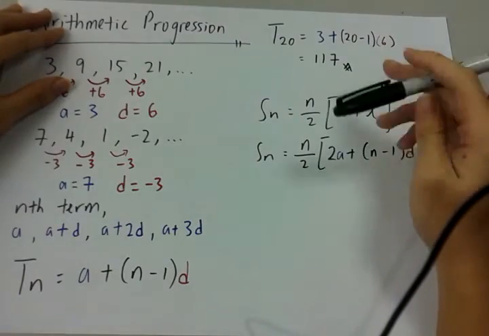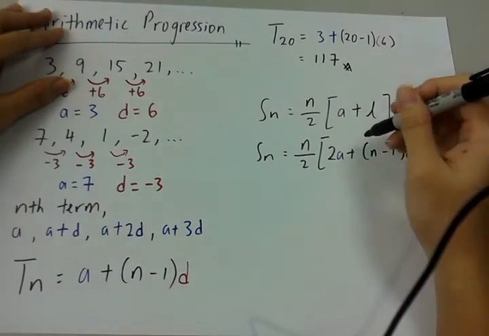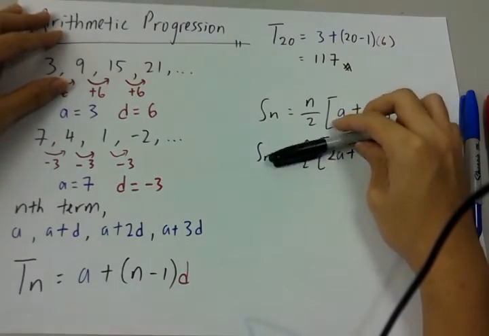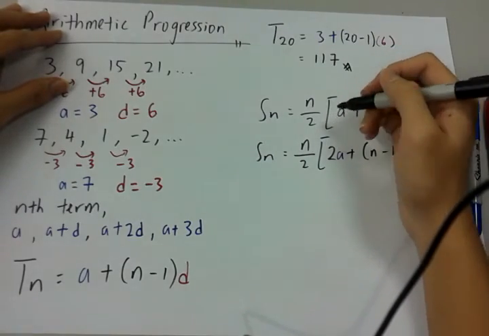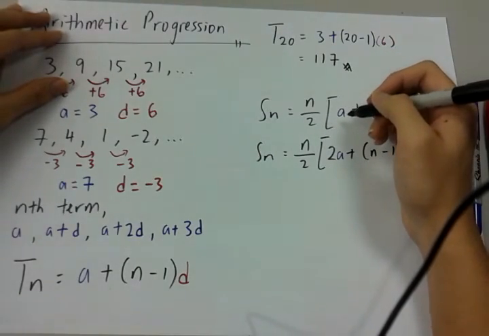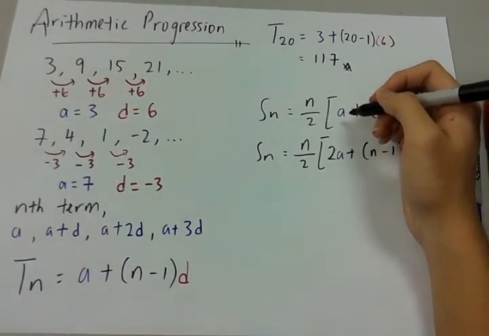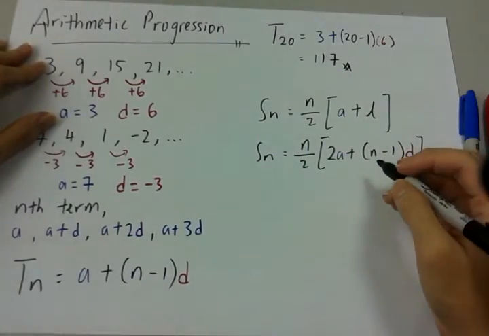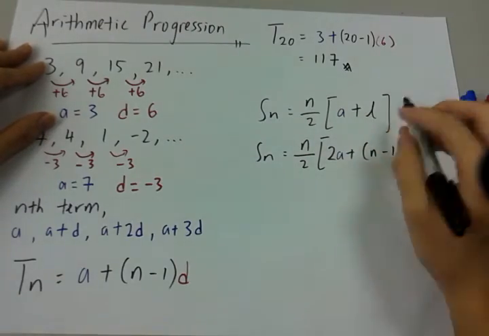So now let us proceed with the summation, the sum of the progression. What is the sum of the progression? We have two formulas. The commonly used formula is the second one, and the least commonly used is the first one.